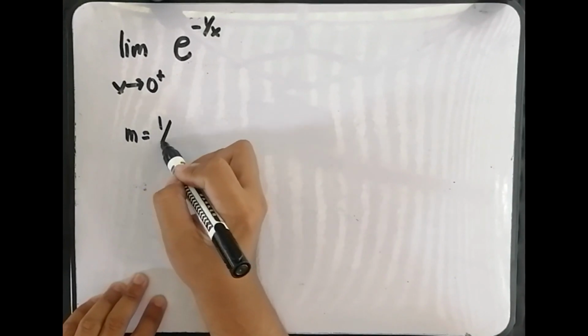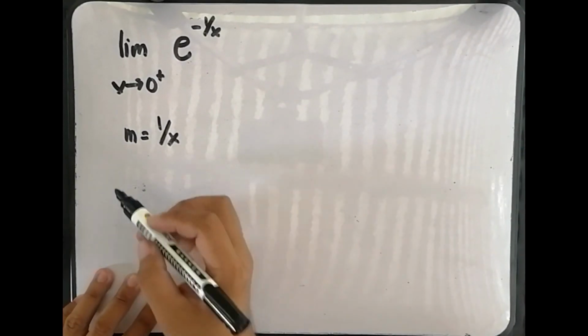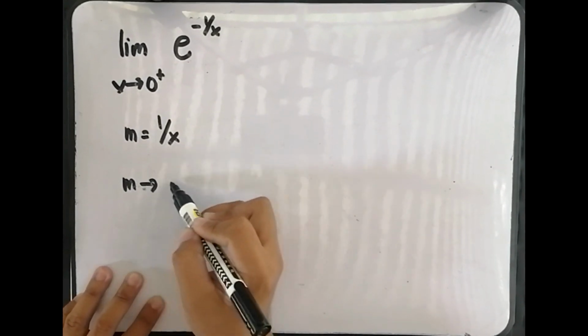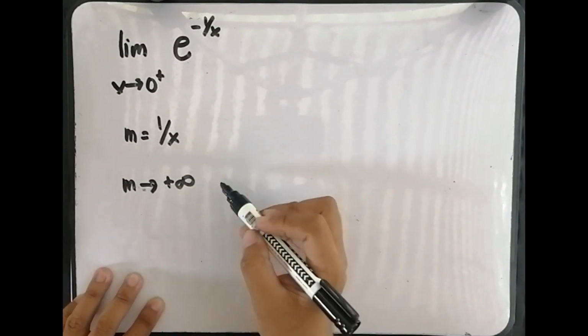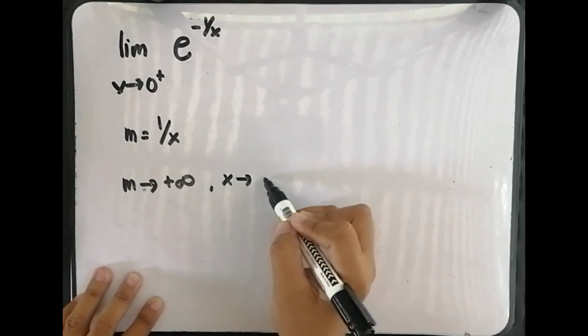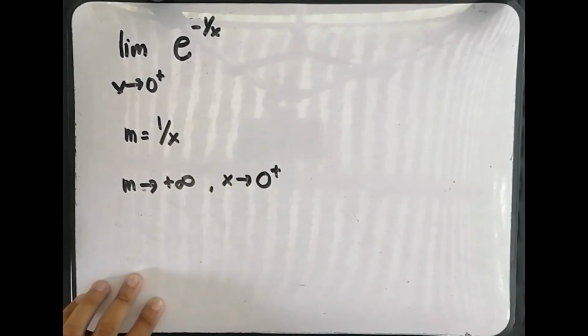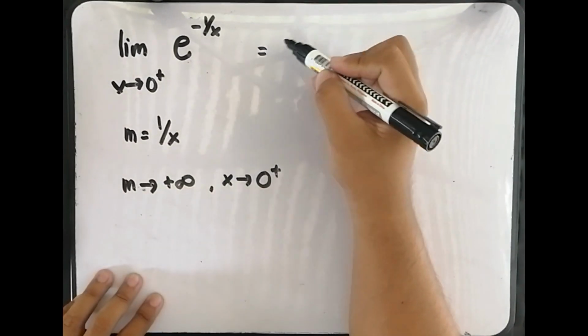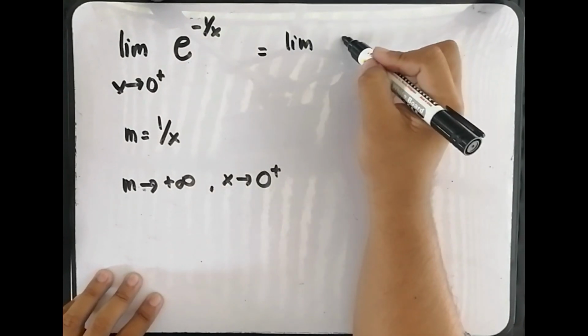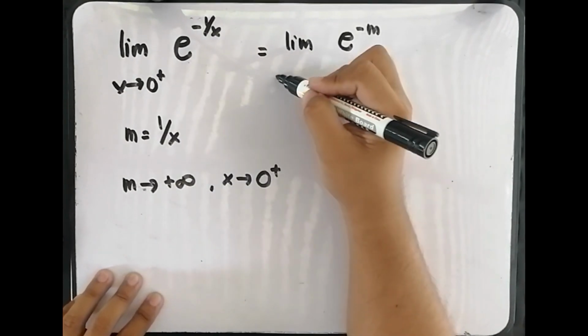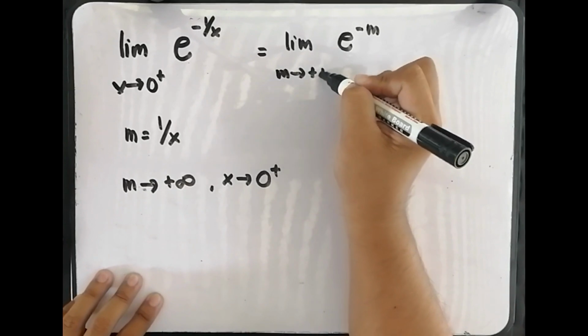Okay. Let m be equal to 1 over x. And we know that m approaches positive infinity when x approaches 0 from the right. Therefore, we can change this into the limit of e raised to negative m as m approaches positive infinity.